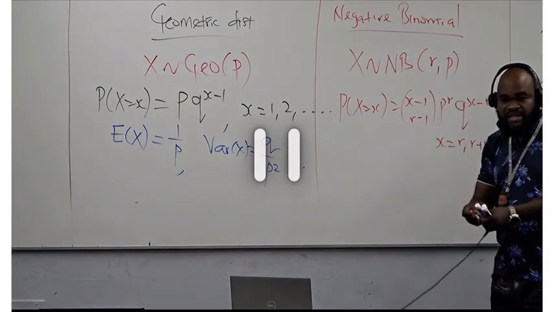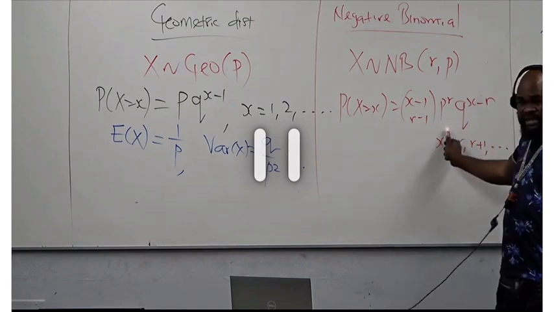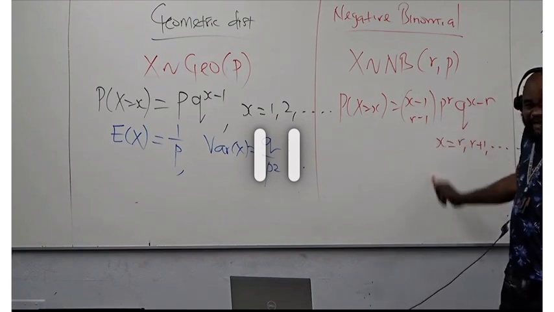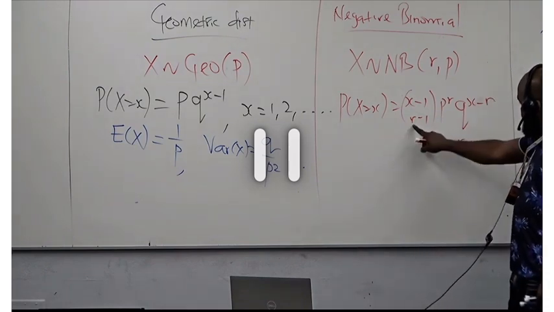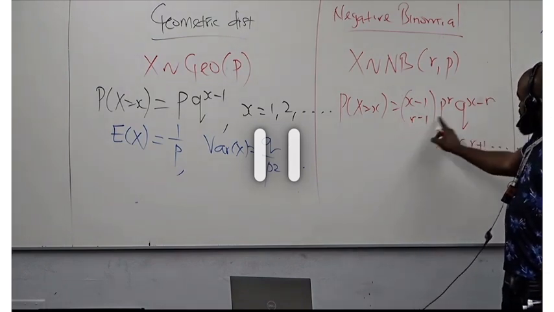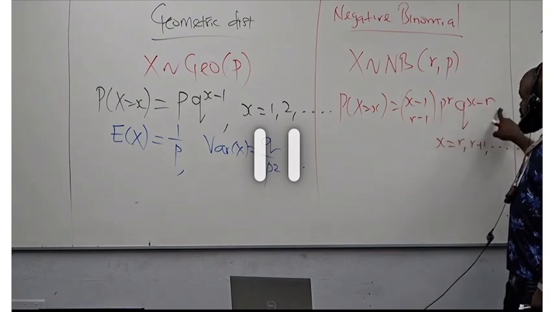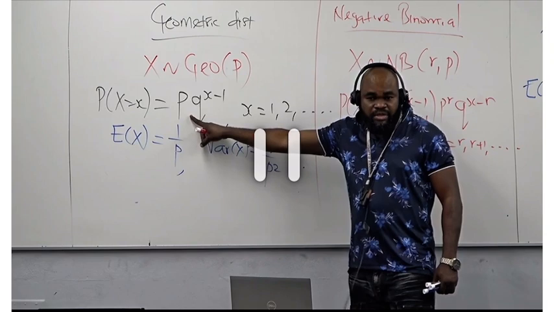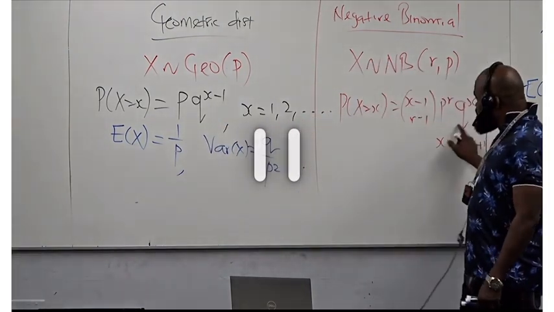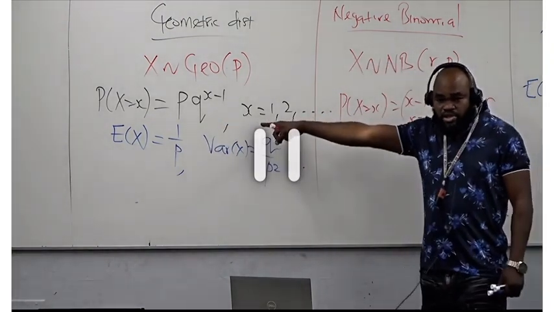Now I need you to pay attention. This is the probability mass function for negative binomial. If r equals 1, if you plug in r to be 1, you're going to come back to this. And that's why negative binomial is a generalization of geometric.